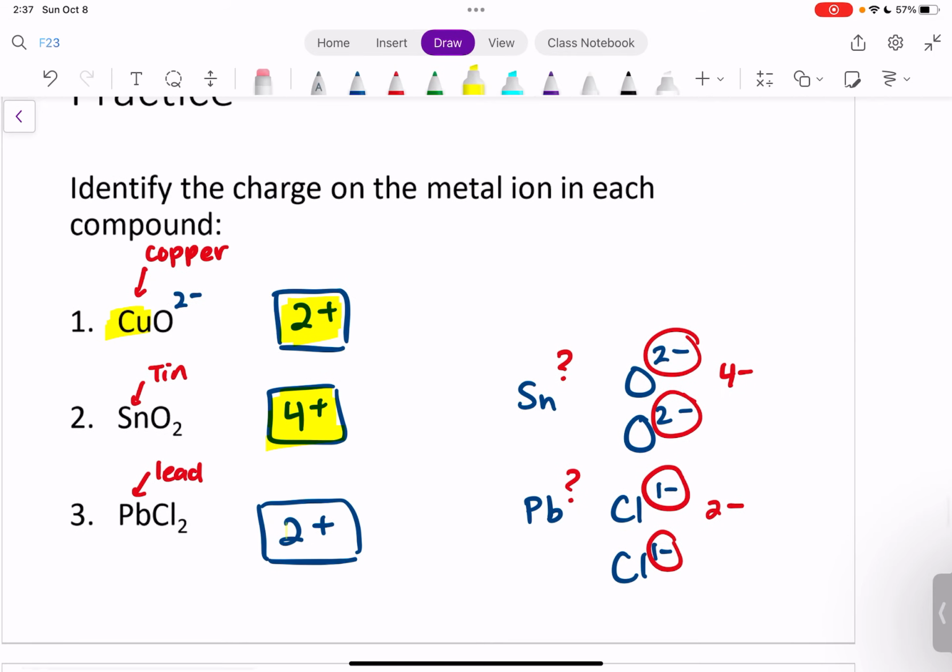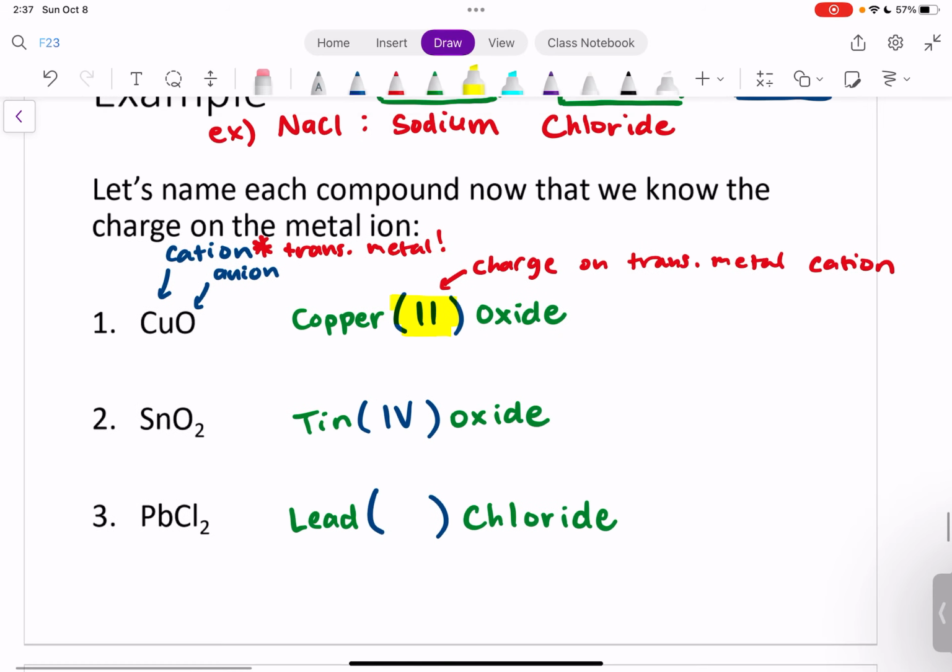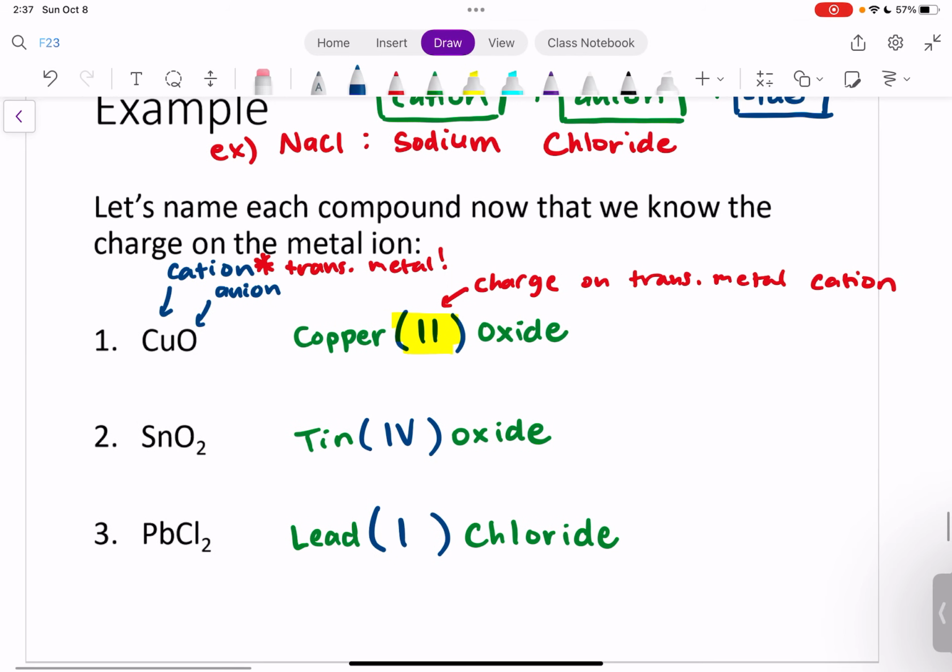It looks like it's 2+ here. We just found that. So it gets a 2 for the Roman numeral. Right? If it was a 1+, it would get a 1. If it was a 2+, it gets a 2. If it's a 3+, it gets a 3 in Roman numerals, and so on. So this is how you would write the names of these ionic compounds that are formed with transition metals.